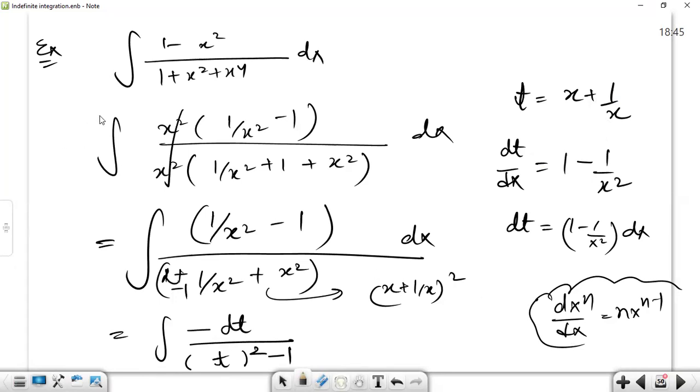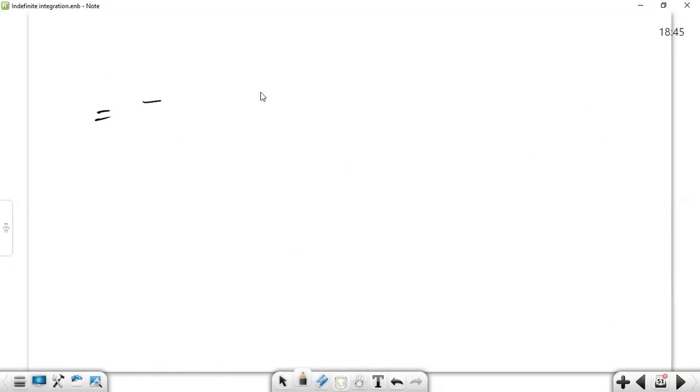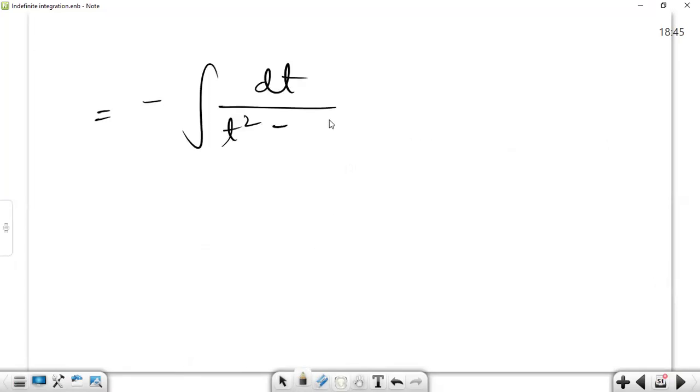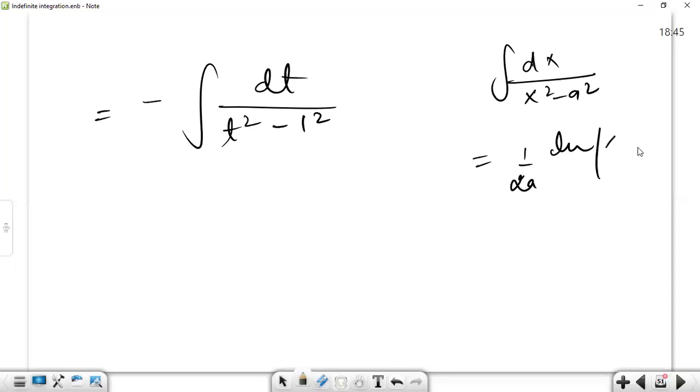So now we have dt upon t² minus 1², which is of the same format as dx by x² minus a². Its formula, which we wrote by mistake earlier, is 1 by 2a, logarithm of mod of (x minus a) upon (x plus a).